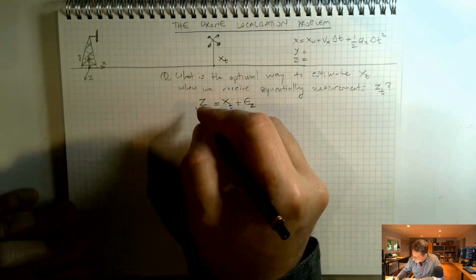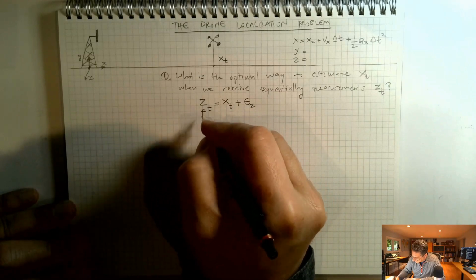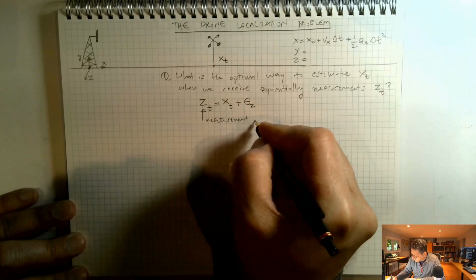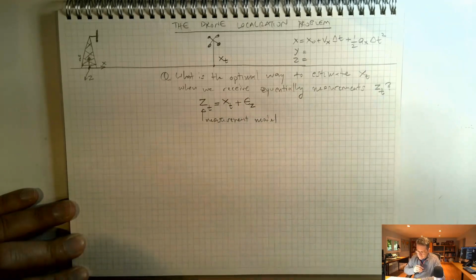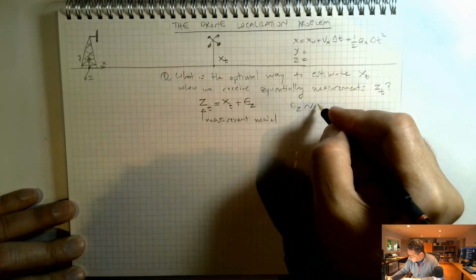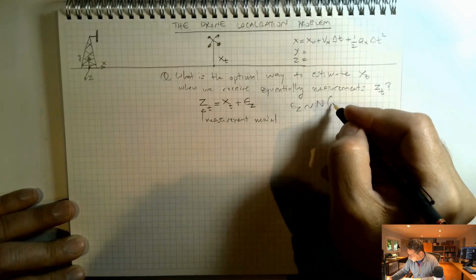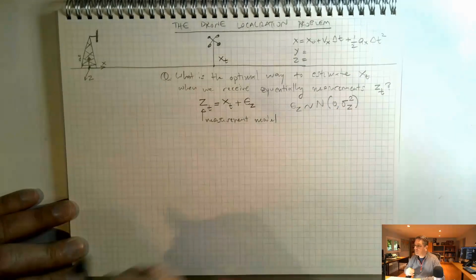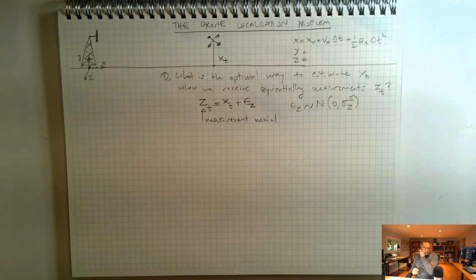So this is effectively my measurement model. My epsilon is normal, with zero mean and some variance. That is my error.